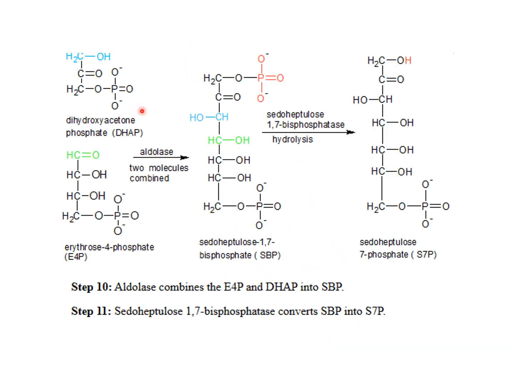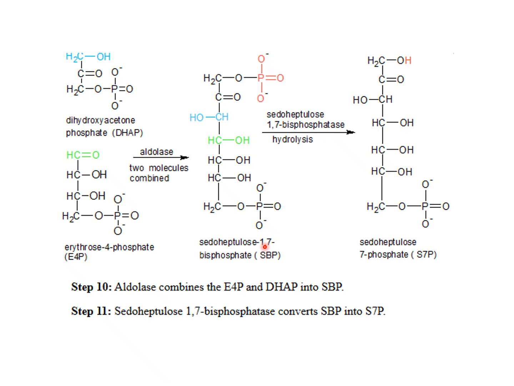Now, out of the 2 DHAP formed, 1 DHAP along with erythrose 4-phosphate produced during the previous reaction, again the enzyme is aldolase, we find sedoheptulose 1,7-bisphosphate, SBP.